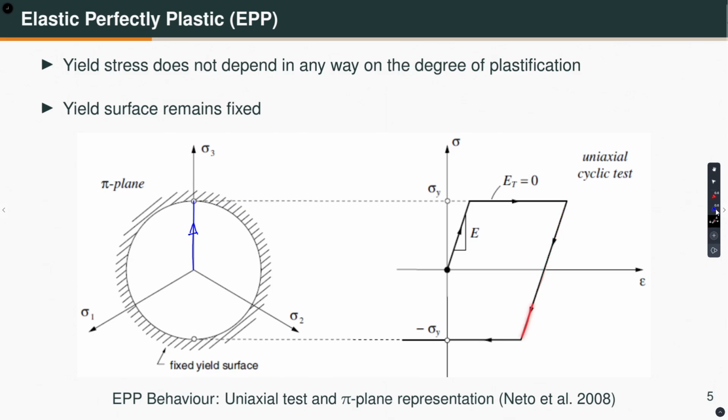Now we will use a different color. We are going in this direction and the material yields again at this point. From here to here, this behavior is elastic, and the yield surface is not going anywhere, not changing in size. That means the radius of the yield surface remains the same. This is elastic perfectly plastic material behavior.